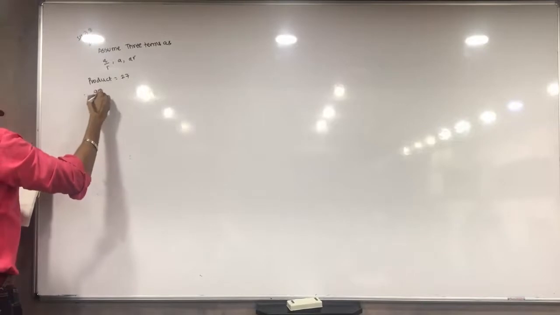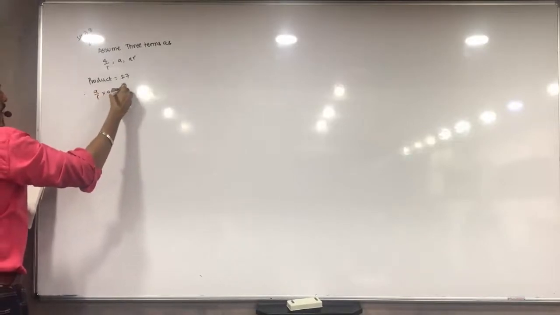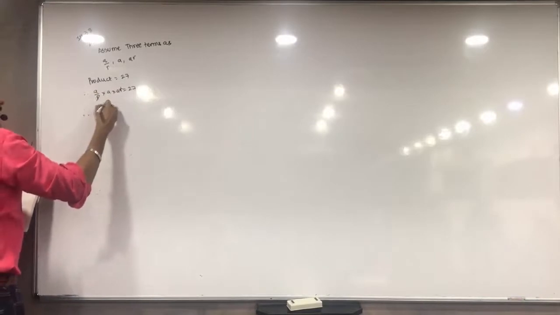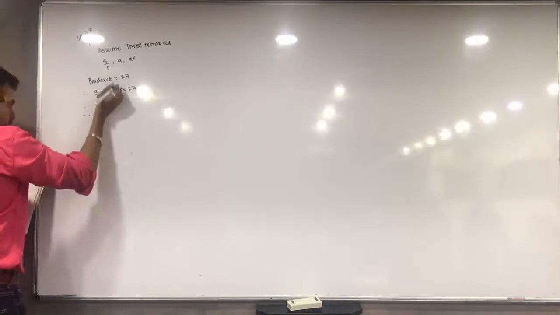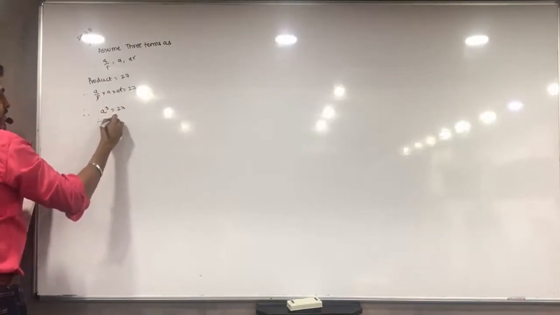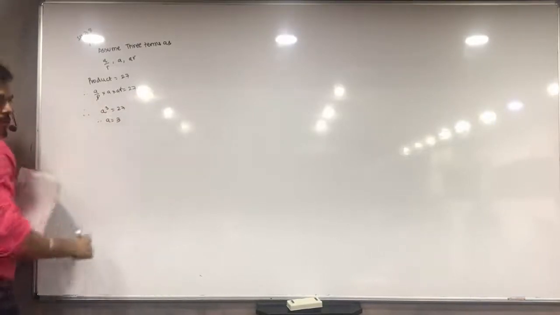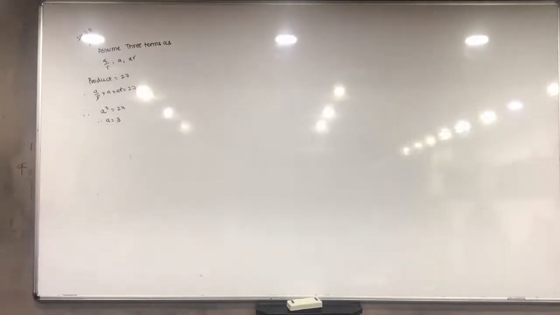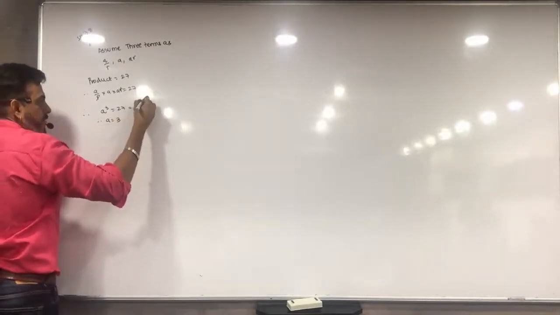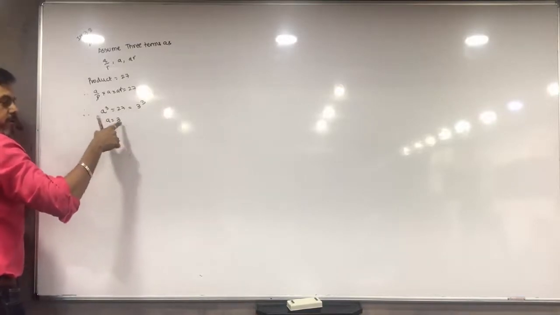Therefore, A by R into A into R is equal to 27. R cancel, A cube is equal to 27. Therefore, A is equal to 3. It is equal to 3 raised to 3. So A is equal to 3.